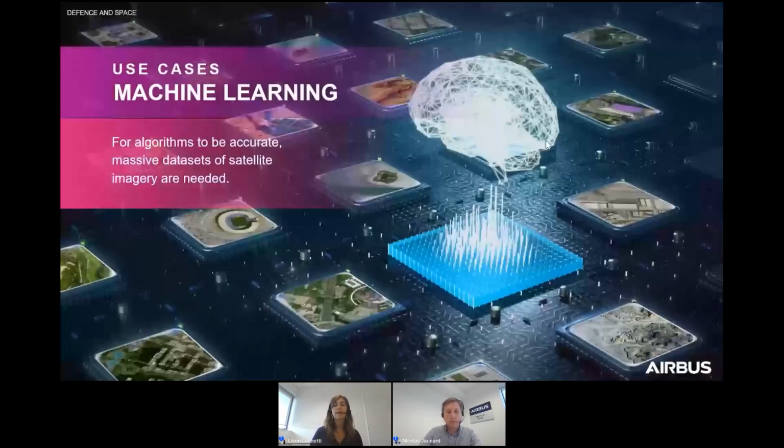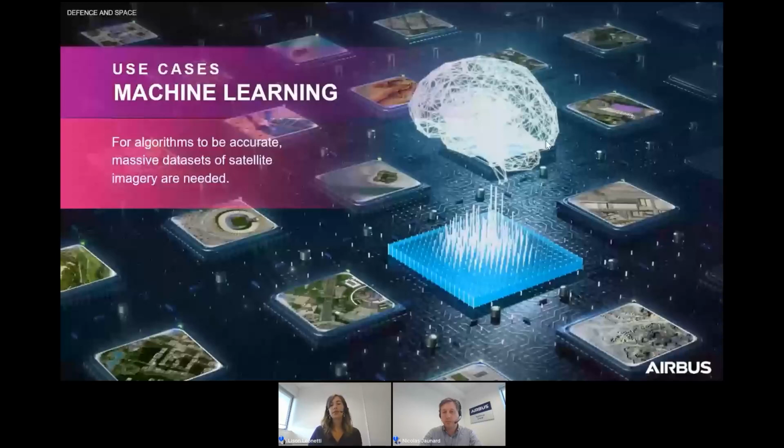And in our case, on OneAtlas, we have an analytics offering to do so. And in this case, you can count cars, trucks, ships, planes, and make change detection between images. But actually, again, the possibilities are endless because it's depending on what the algorithm is going to be trained with in terms of images and labels that the result will differ.